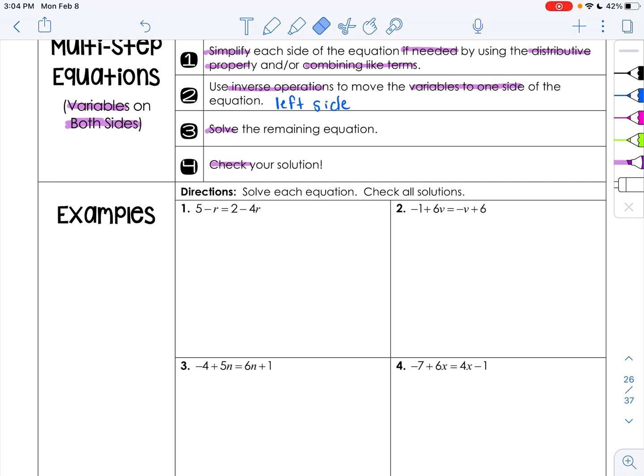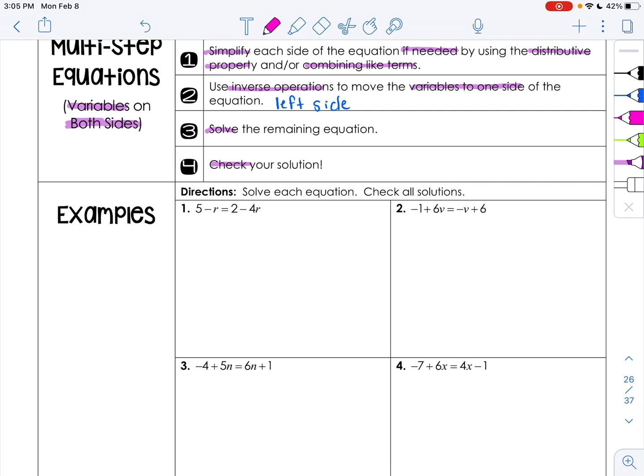Then I need to see if I can combine like terms. Remember, like terms have to be on the same side of your equal sign. So when I look at the left side of my equal sign, I do not have like terms. When I look at the right side of my equal sign, I do not have like terms. So I don't need to distribute and I don't need to combine like terms.